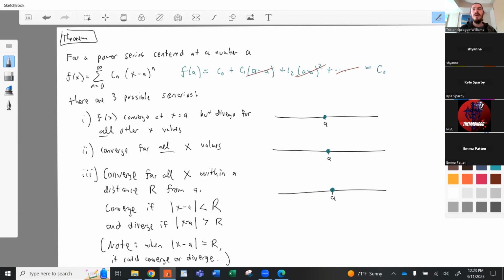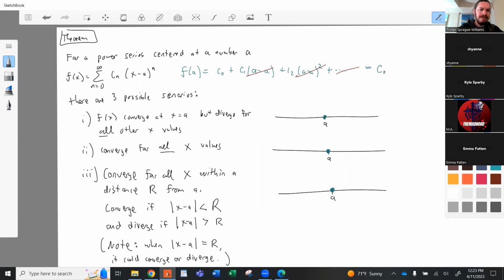c0. Plugging in the number a makes the powers all powers of 0. This is similar to plugging in 0 for the power series centered at 0, the first example on the first page. Everything goes to 0 except for the constant term. Clearly it's going to converge.